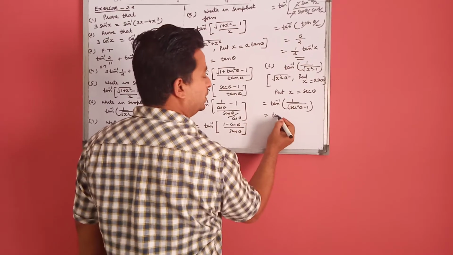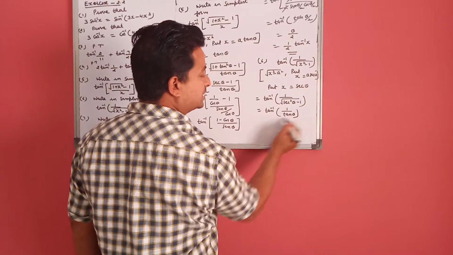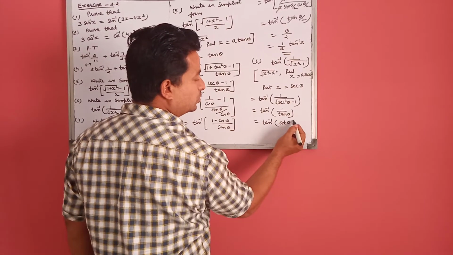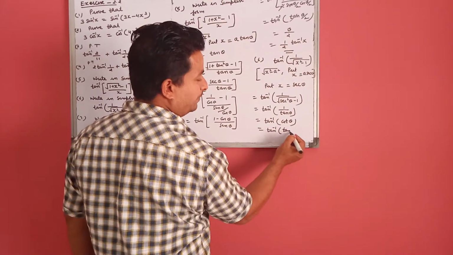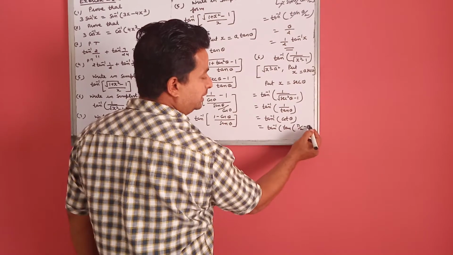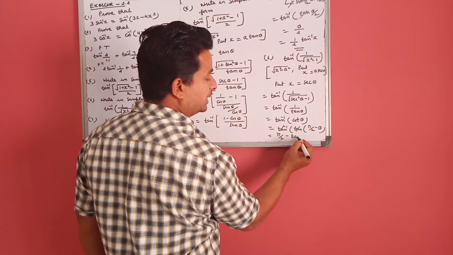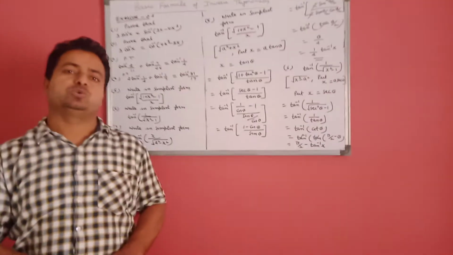As we know, secant square theta minus 1 is tan square theta, so it becomes tan theta. So tan inverse 1 by tan is cot. We write cot as tan of pi by 2 minus theta. This cancels out, pi by 2 minus theta, theta is tan inverse x. This is the simplest form of this question.